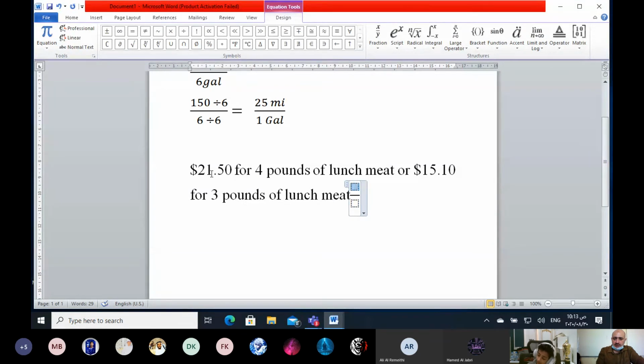Now here we have 21.50 dollars, and down here we have 4 pounds.